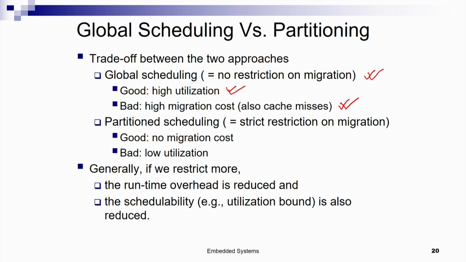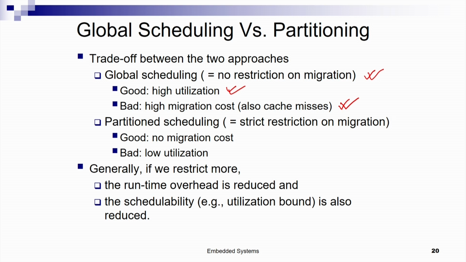Because once you allow migrations, the cache corresponding to what was executing before is flushed. So, suppose you break a task into 2 parts, and you take the first part, execute it on some processor, and then you migrate it to a second processor and you execute over there.